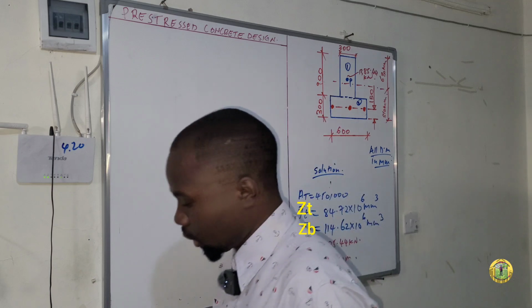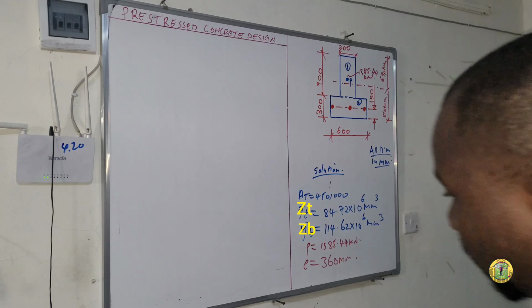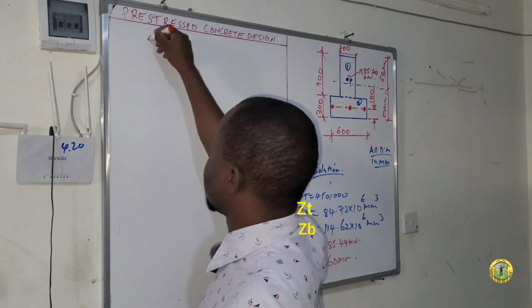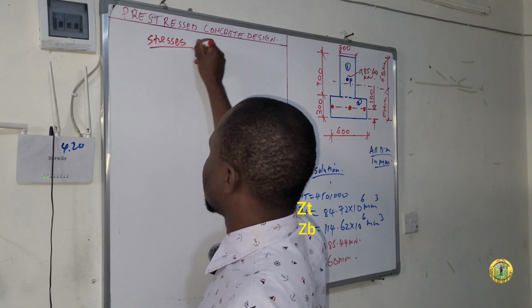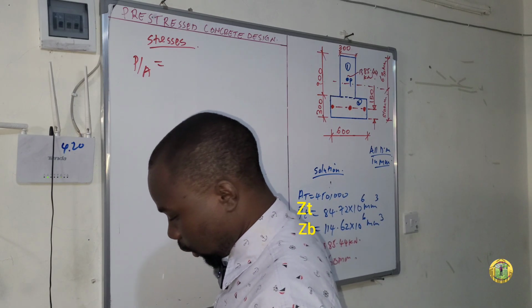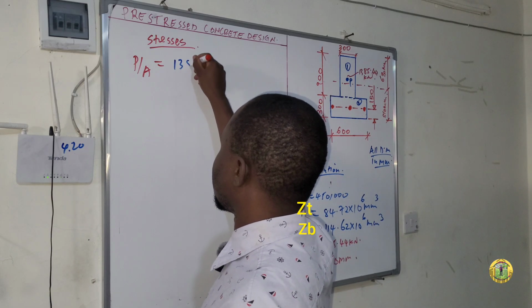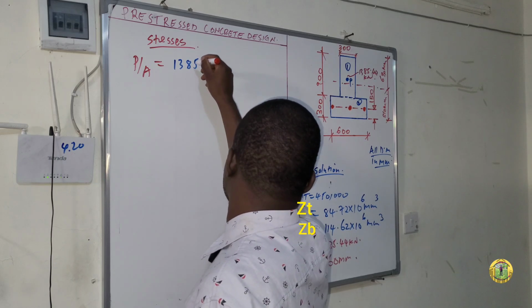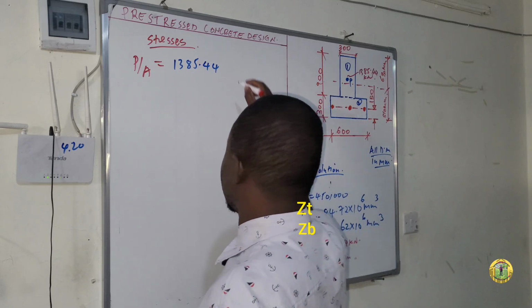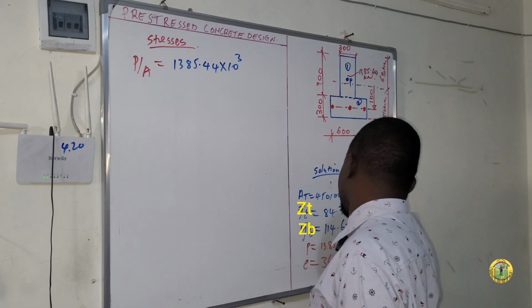So we now proceed to the stresses. We have the direct stress, which is P over A. Direct stress P over A is equal to, our P here is 1385.44, because it is in kilonewton, so you will multiply by 10 to the power of 3 to change it from kilonewton to newton.